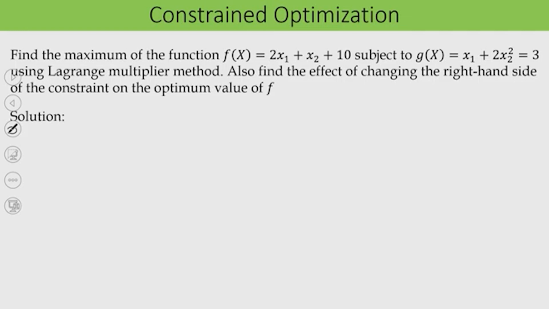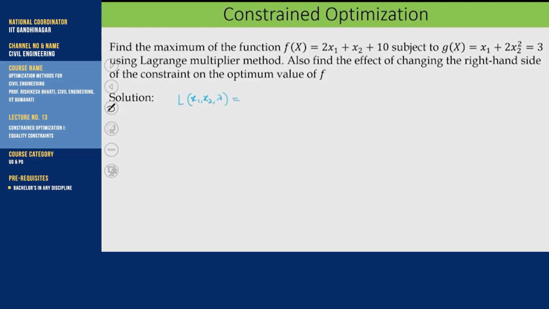So, I will write the Lagrange function now. The Lagrange function L of x1, x2 and lambda is equal to f of x1, x2 plus lambda times g.